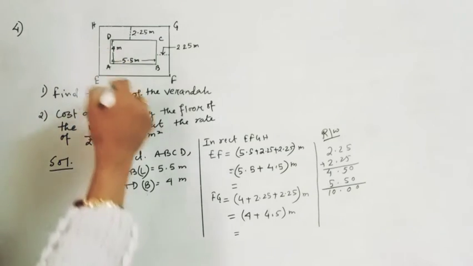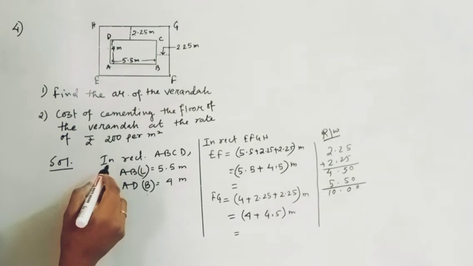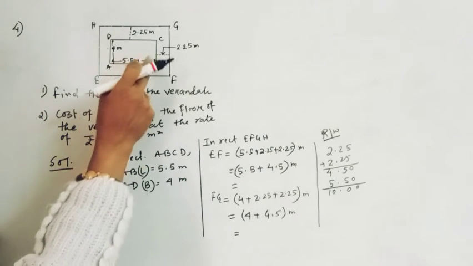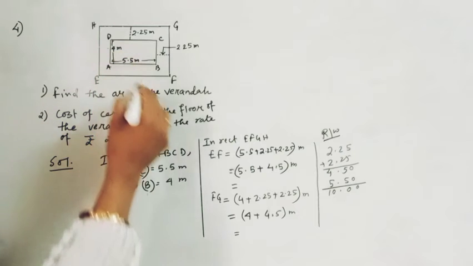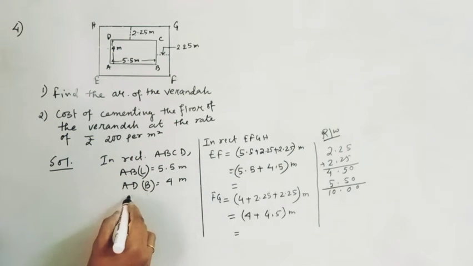According to this rough diagram, the rectangle ABCD is the room. First of all, we are finding the area of the room. Rectangle ABCD, length is given 5.5 meter and breadth is 4 meter.